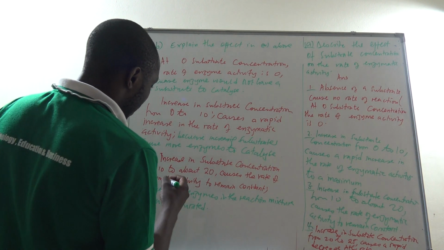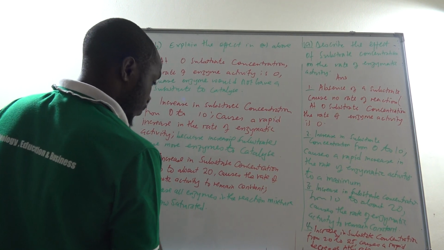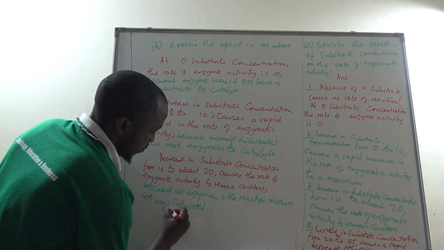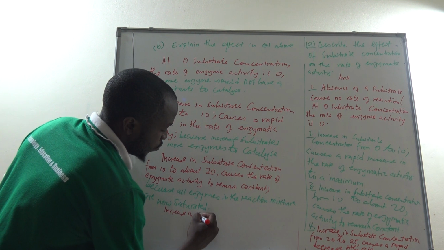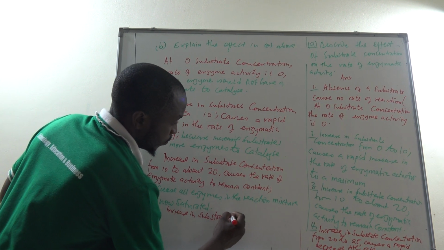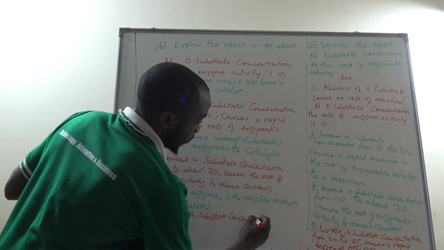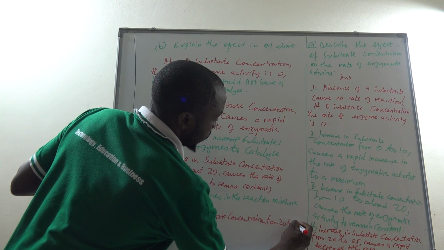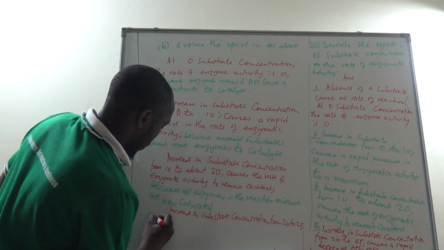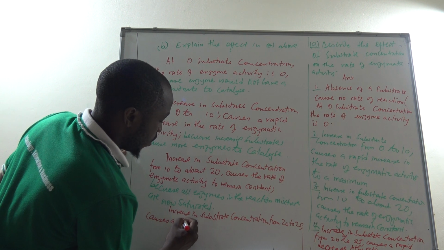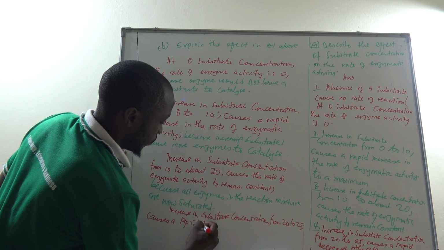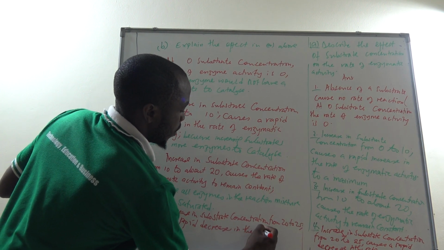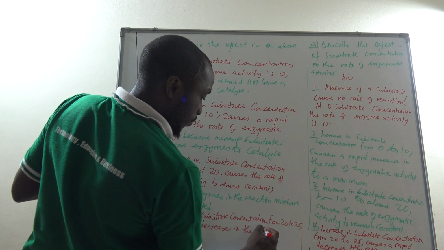So we can continue further and say, number 4, increase in substrate concentration from 20 to 25 causes a rapid decrease in the rate. What would be our conclusion?